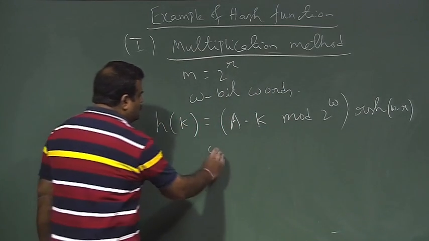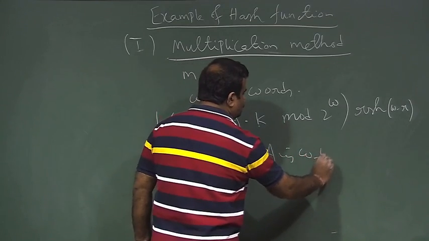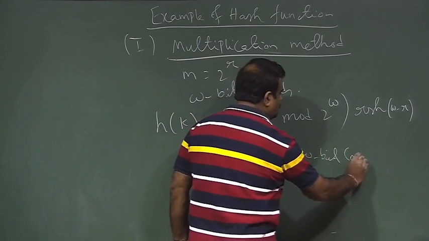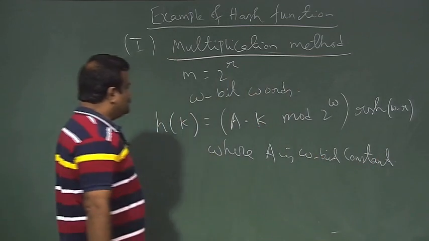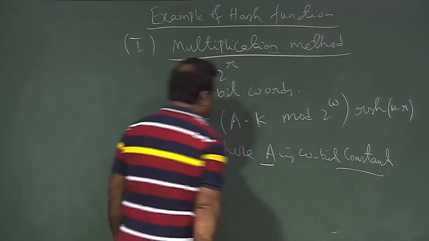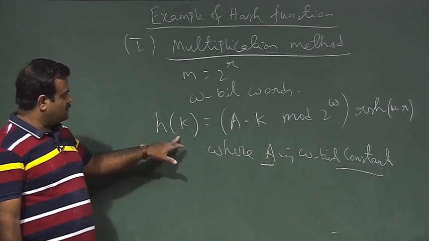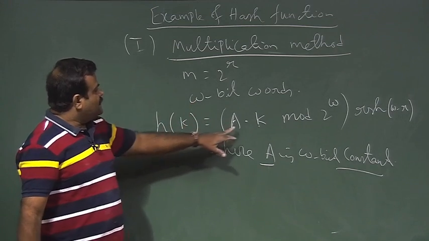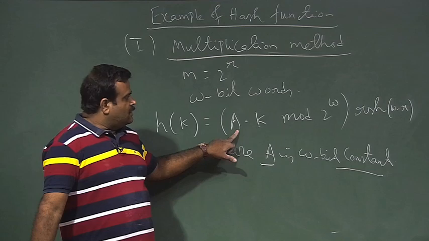So, where a is a w bit constant. If our computer is 64 bit, we choose a 64 bit constant a, and then we choose a key which is again 64 bit, say w is 64, then we multiply these two, then it will be 2w bit.